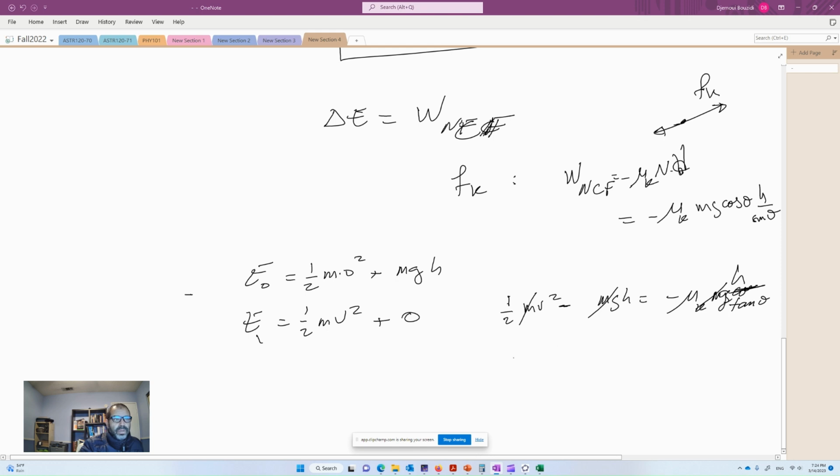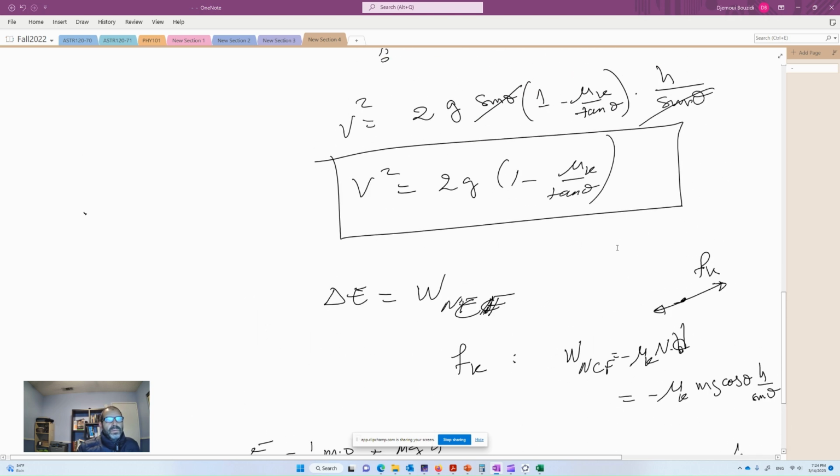So v squared will turn out to be exactly 2g times h times 1 minus mu k over tan theta, exactly similar to the previous expression. Of course, you have to take the square root to find v.